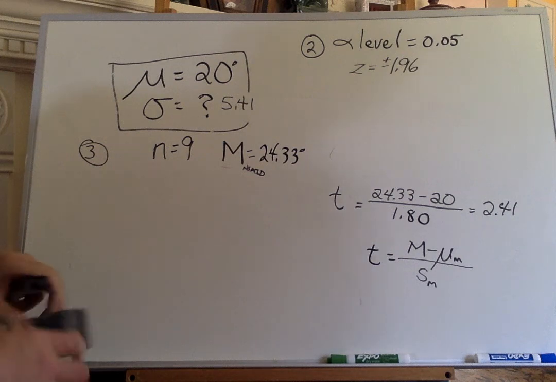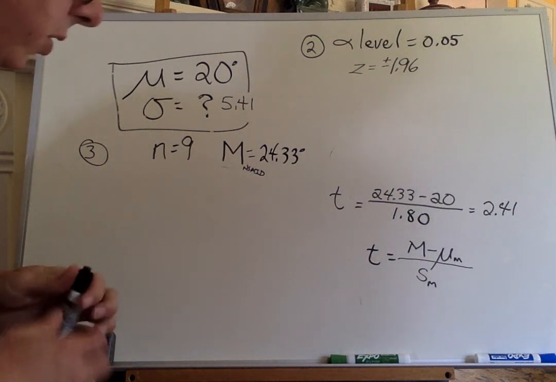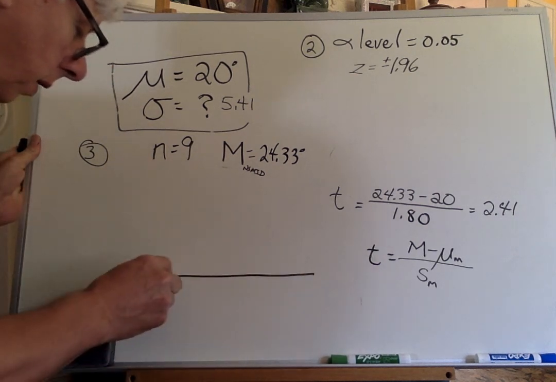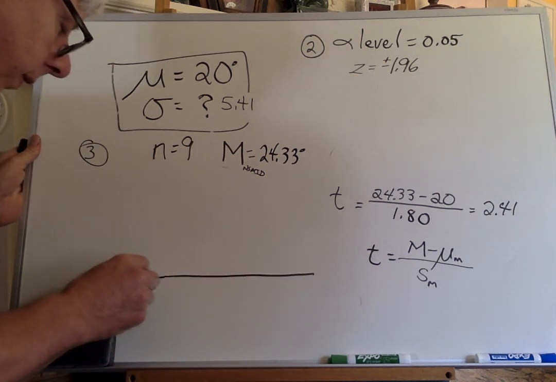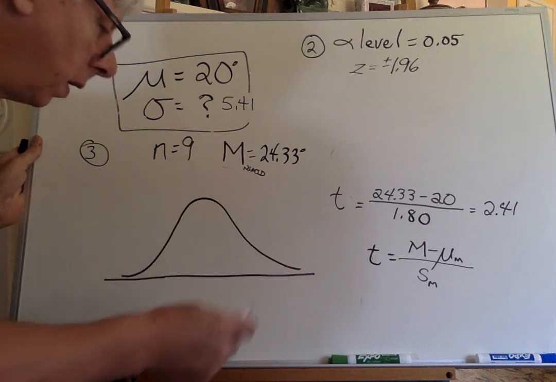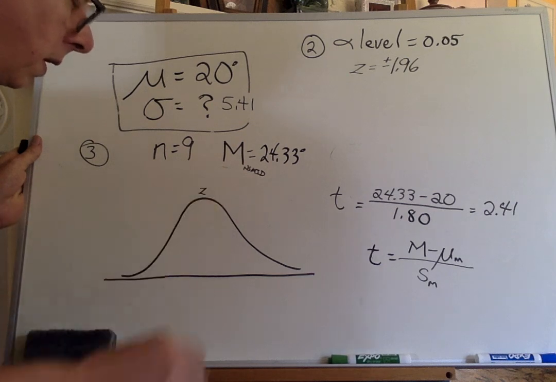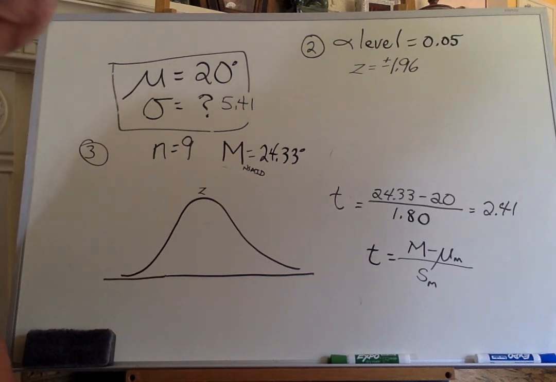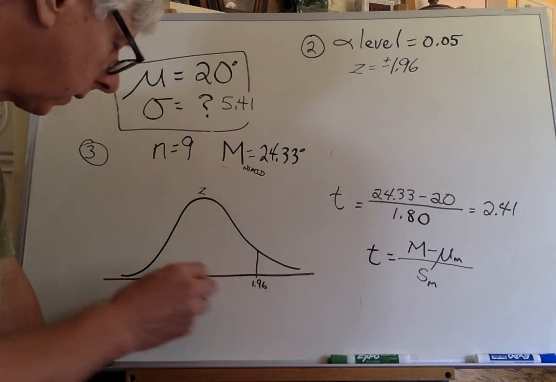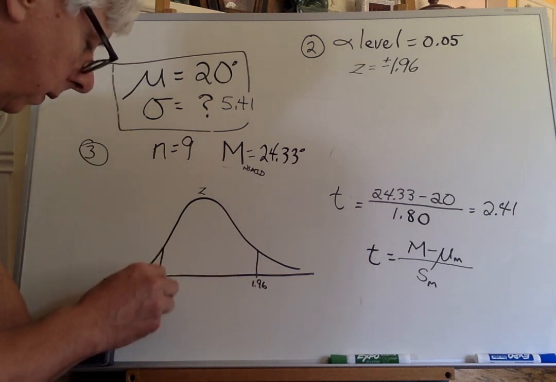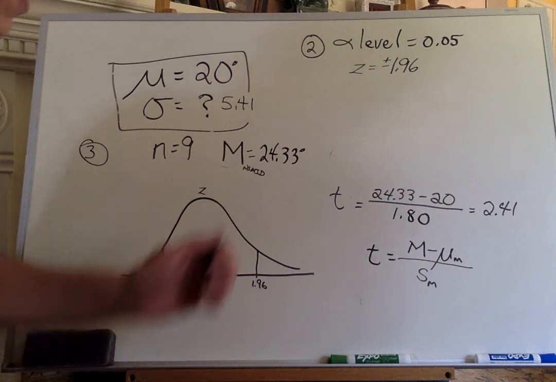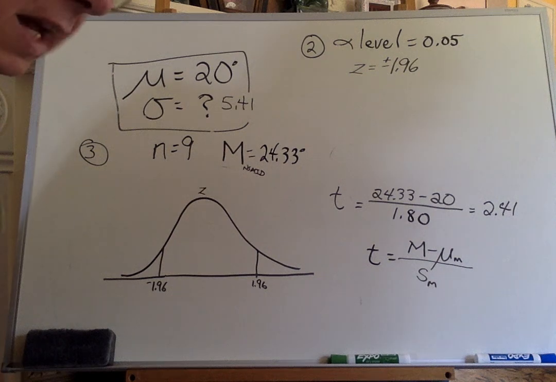We need to decide whether we're going to reject or fail to reject. And I'm going to show you a graph here. If this represents the z distribution, where we would have a z of 1.96 and minus 1.96, remember that corresponds to our alpha level of 0.05.